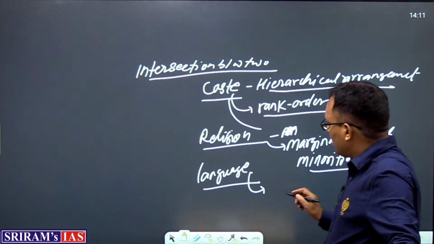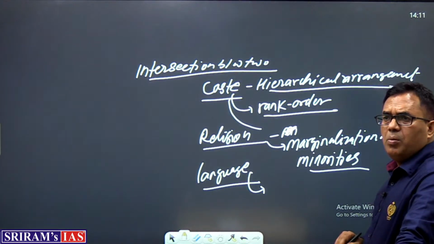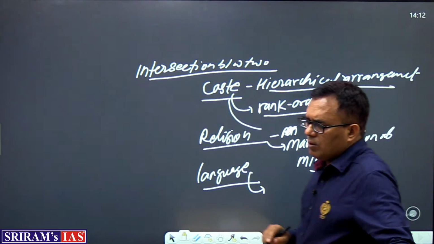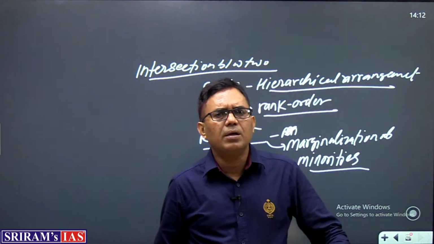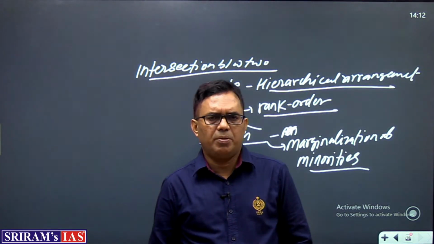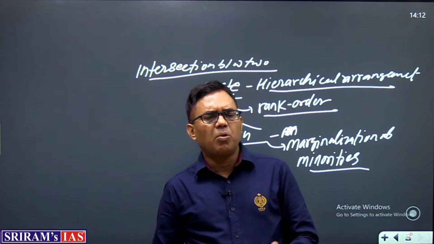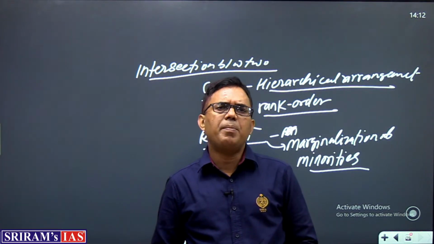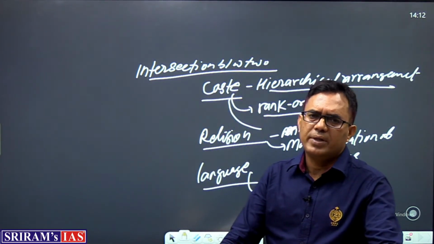In terms of linguistic identity, in more than 100 languages the speakers are fewer than 10,000 people. So those are small linguistic groups, and there may be a possibility of their marginalization.